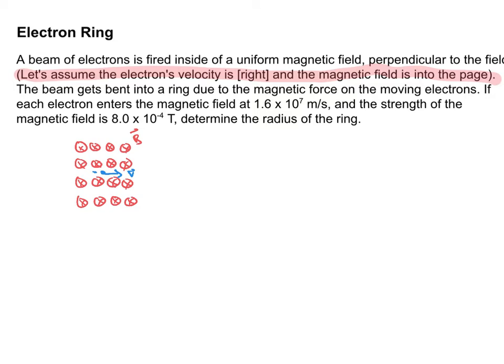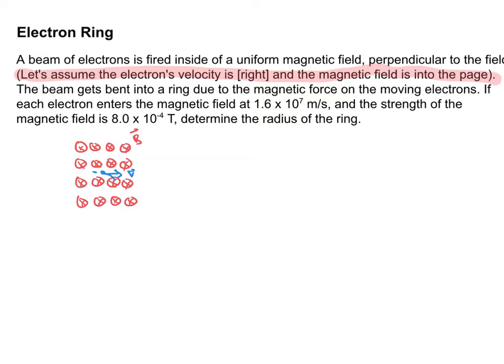Then the magnetic field is going to make that electron curve. It's going to curve into a circle, actually. And if I use my right hand rule, I'll have my index finger pointing left, because it's an electron, a negative charge. My middle finger pointing into the page, so my thumb points down. Therefore, the initial acceleration of this particle is going to be down.